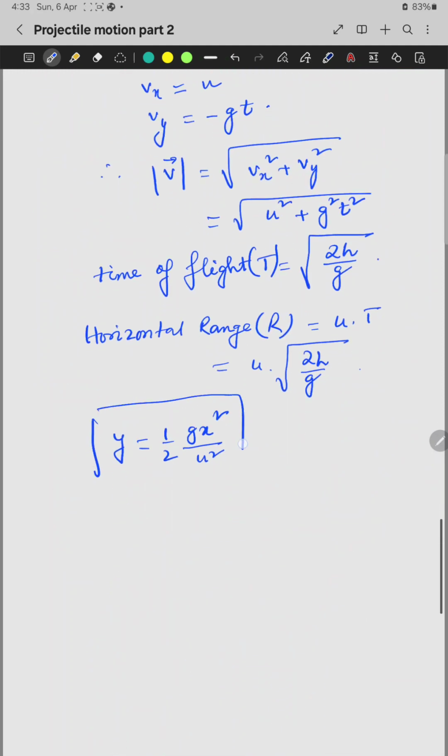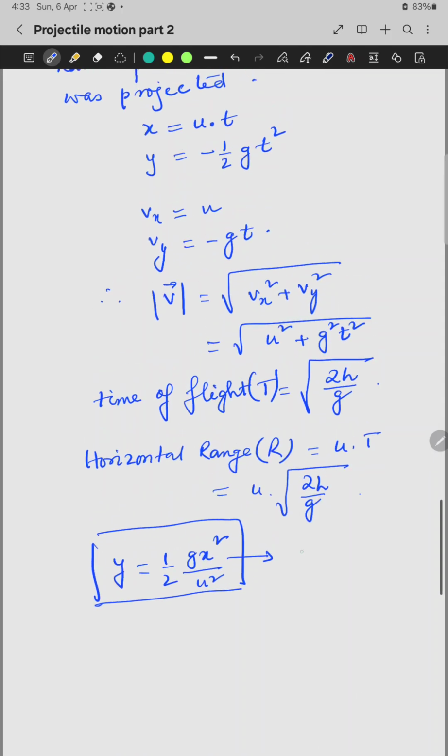So this will be the trajectory equation.